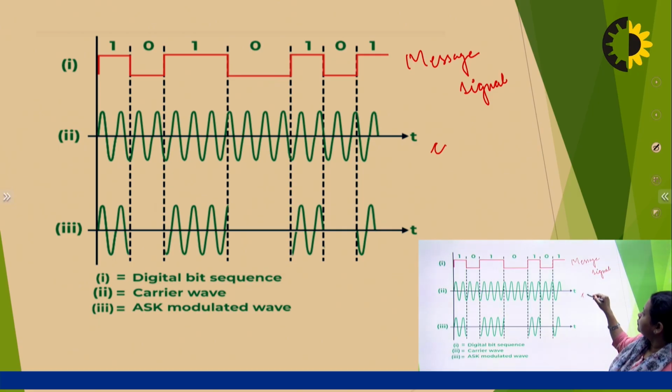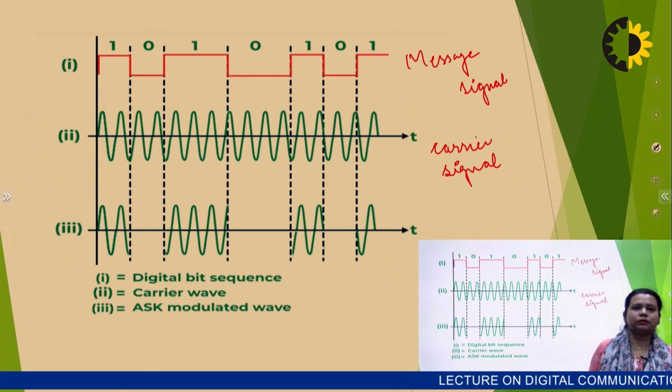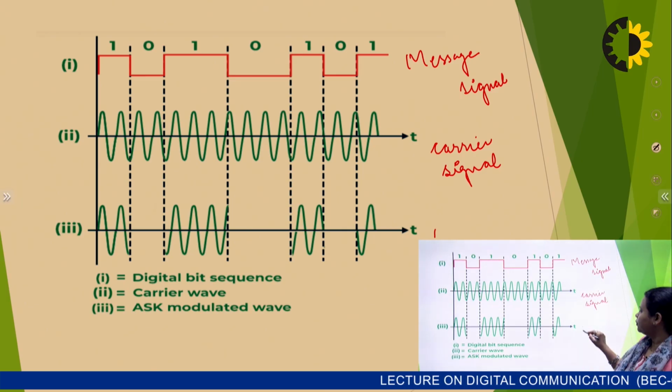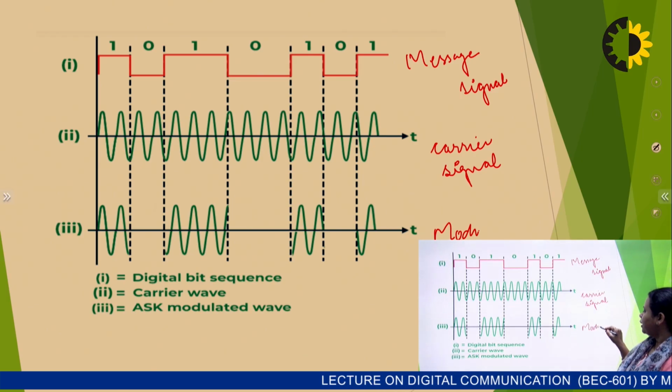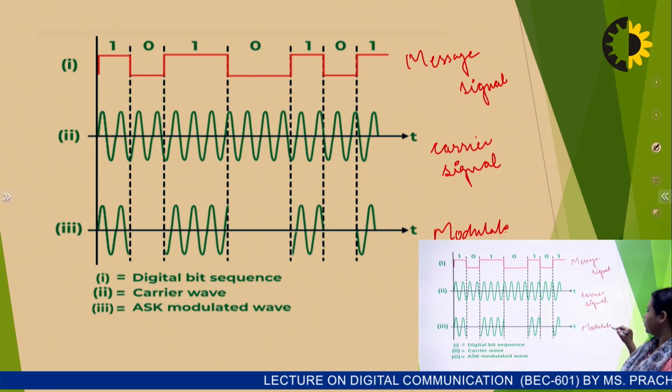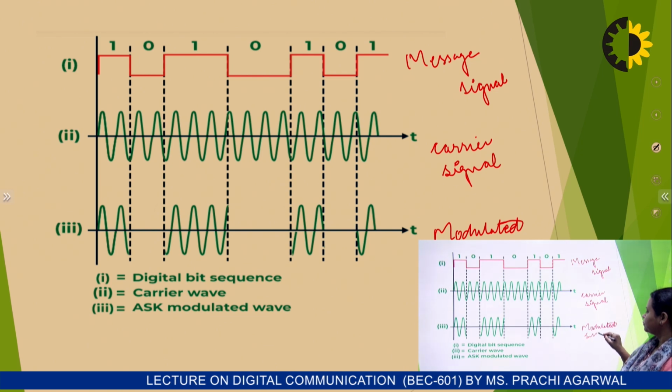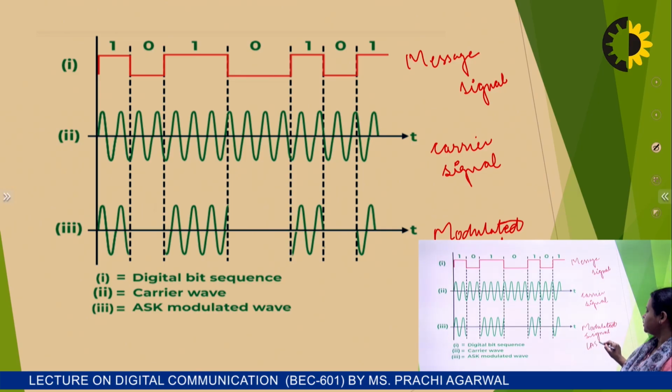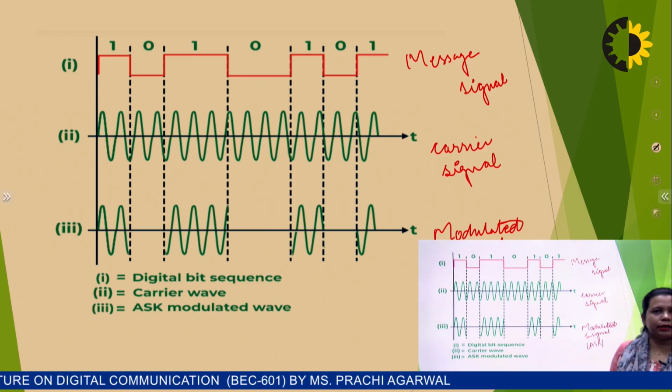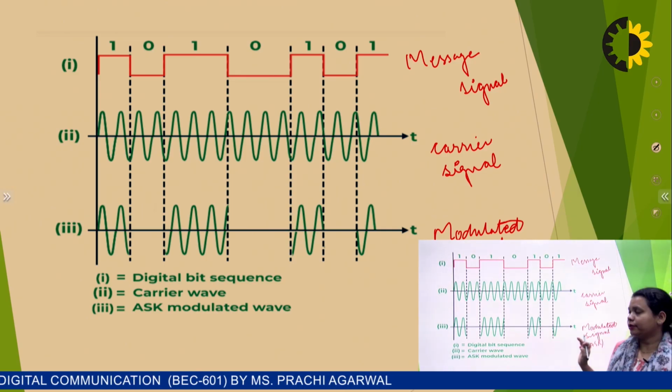This is our carrier signal, and the last one is the modulated signal. Which modulated? Amplitude modulated signal, or you can say the ASK signal. Since we are studying the ASK technique, it is the ASK modulated signal.